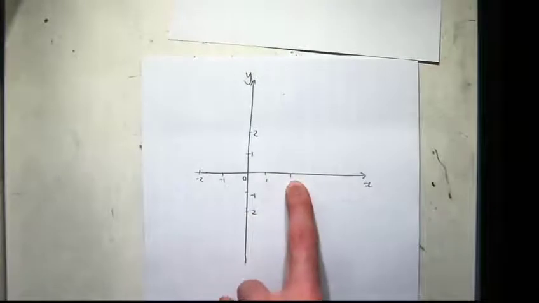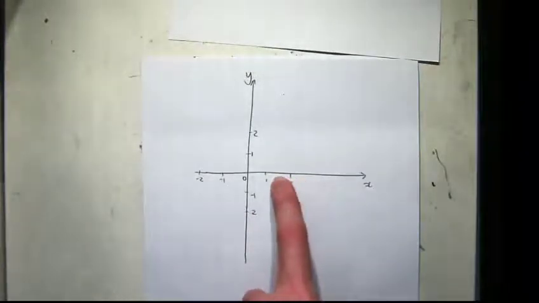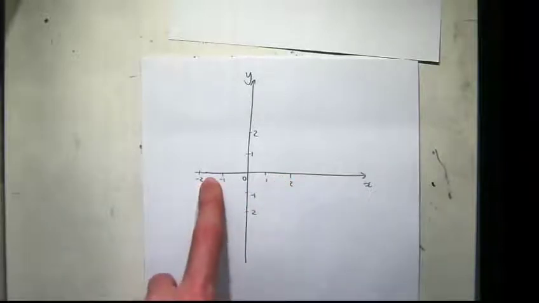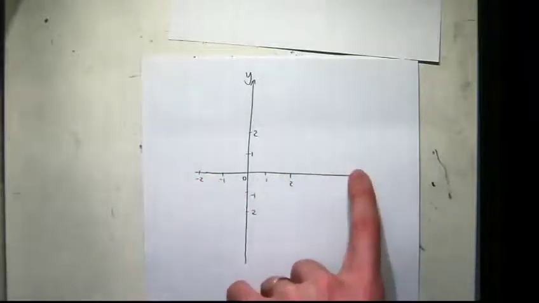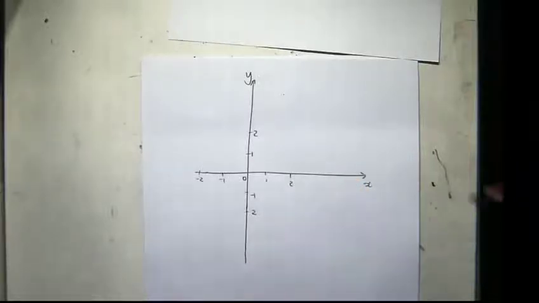And this point here has coordinates 2, 0, and this point here has coordinates 1.5, 0, and this point here has coordinates minus 1.5, 0, and this point here has coordinates maybe 7, 0. All the points on the x-axis have their y-coordinates equal to 0.